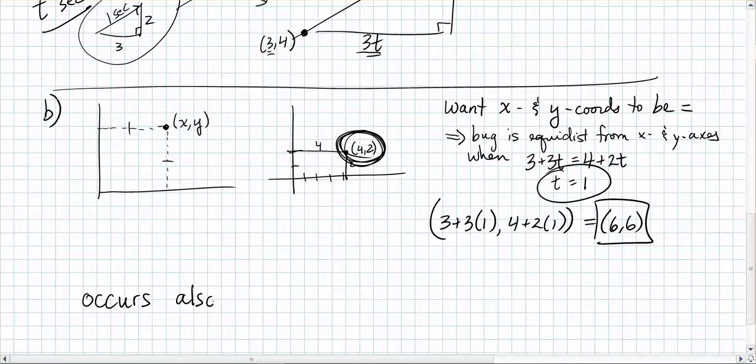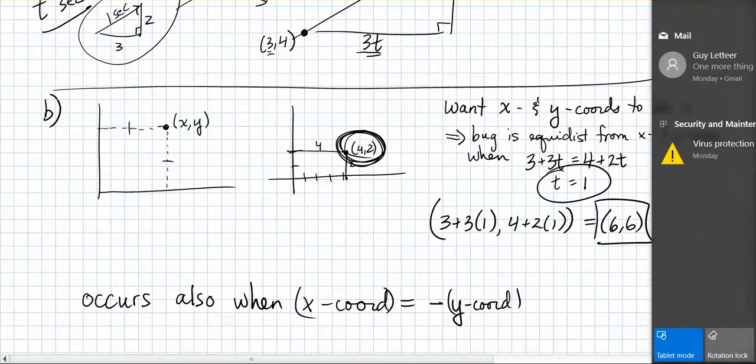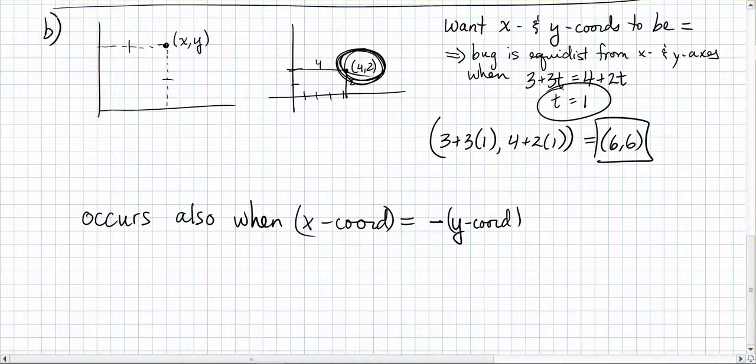So it actually occurs also when the x coordinate equals the negative y coordinate. That's way more subtle, I think, to figure out. But you could do it by setting up the x coordinate of the bug, setting it equal to the negative y coordinate of the bug.